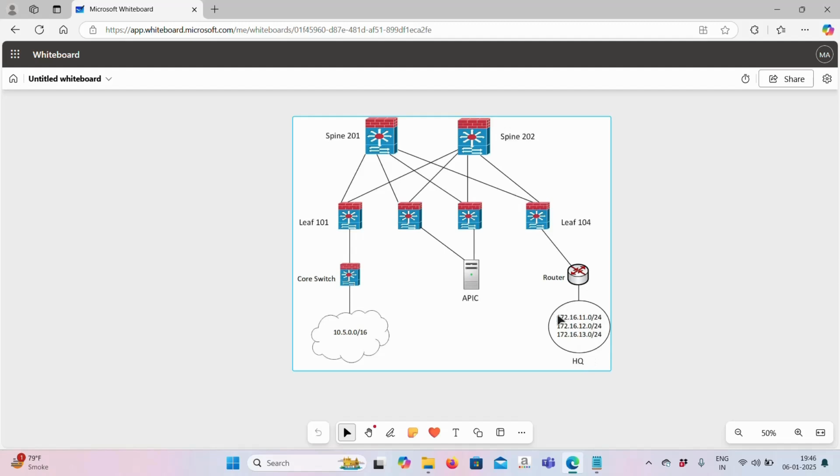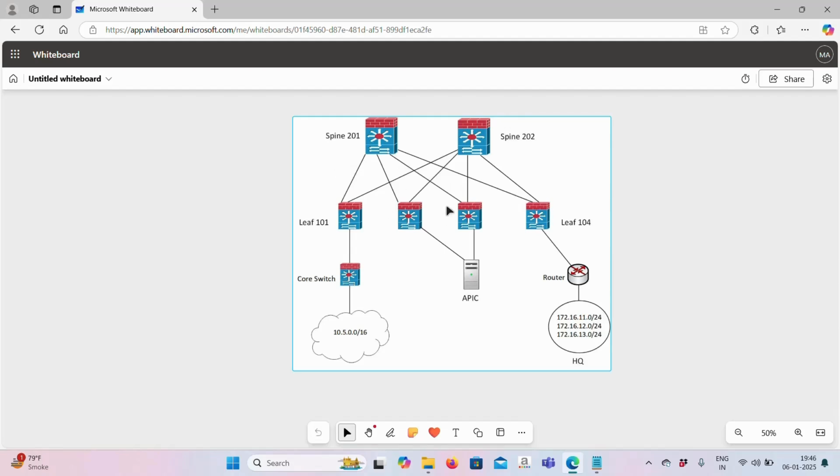And from this side, we are learning these three subnets: 172.16.11.0/24, 12.0/24, and 13.0/24. So how will these subnets be advertised across the ACI fabric to the different leaf switches and spine switches? That is the job of MP-BGP. MP-BGP is basically used for external route redistribution inside the ACI fabric.